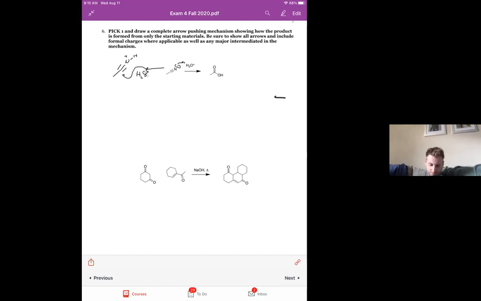Water can attack. Let's do a proton transfer. This has another resonance structure we can draw.